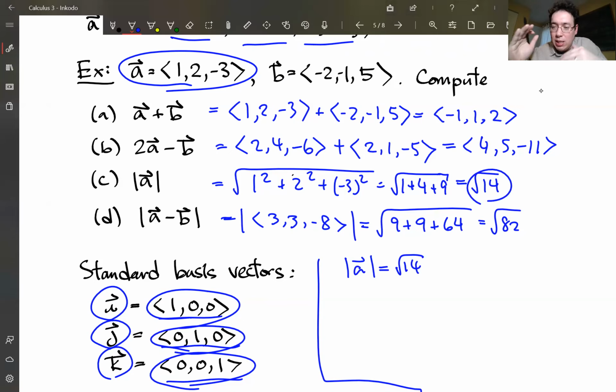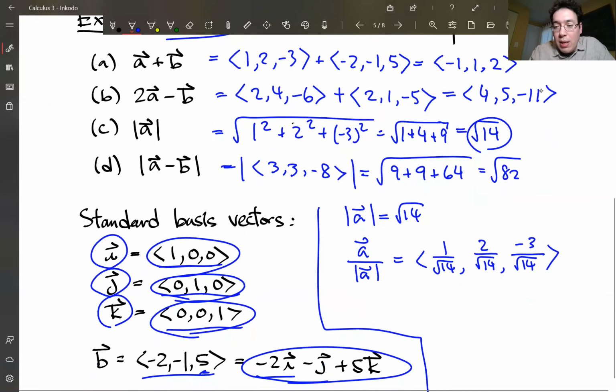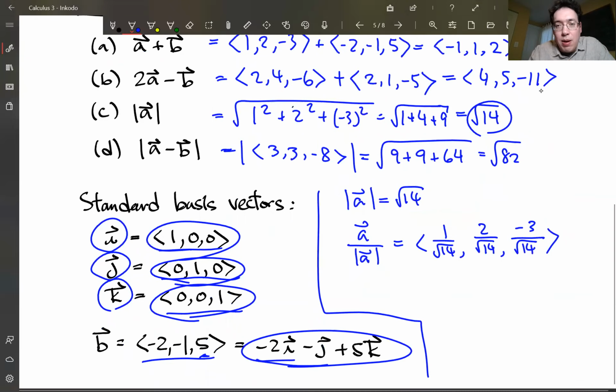And if we divide by that length, we can scale it down to length 1. So we could take the vector A and multiply by 1 over the magnitude to get 1 over root 14, 2 over root 14, and negative 3 over root 14. Okay. So these are types of manipulations that will come in handy later on in the class.